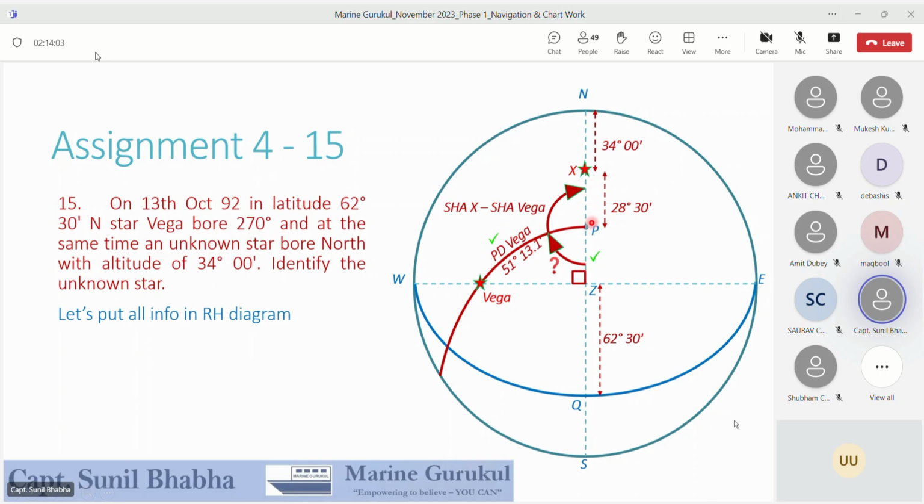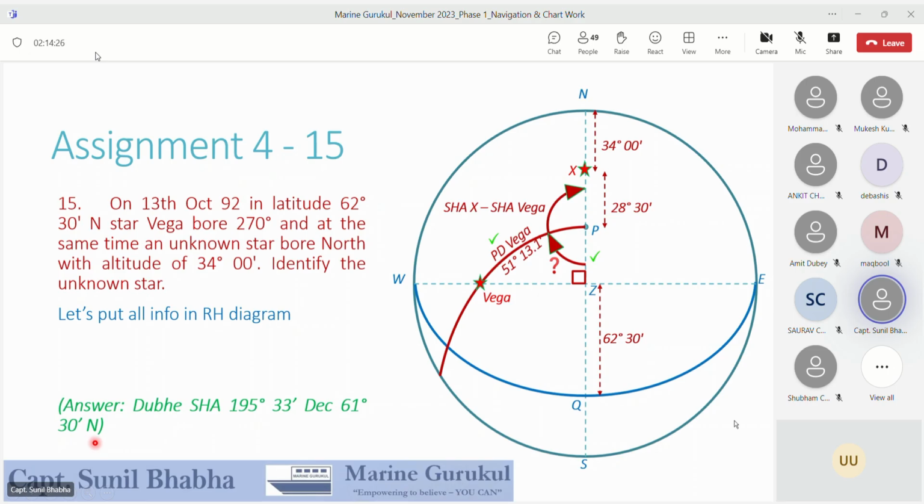Since it is the polar distance from the North Pole, the declination will have a northerly name. It is close to the North Pole, so the declination of the star is north. So once we find the SHA and declination, SHA comes out to be 195.33 and declination comes out to be 61 degrees 30 minutes.